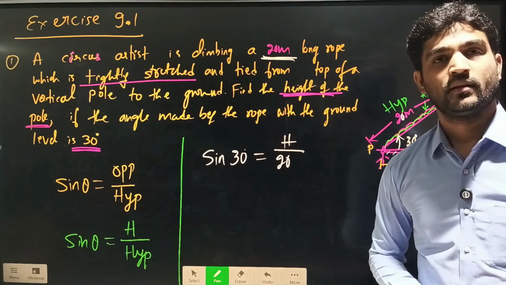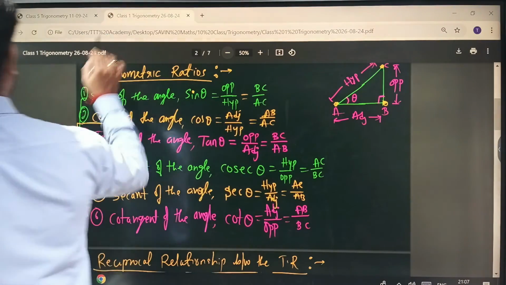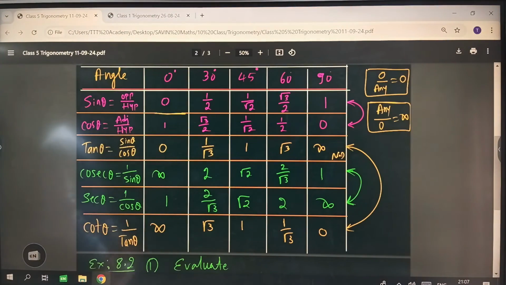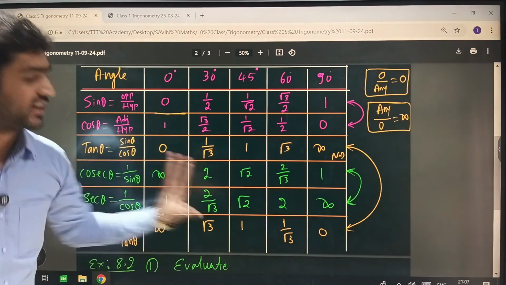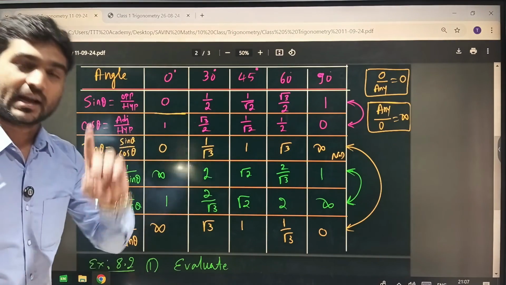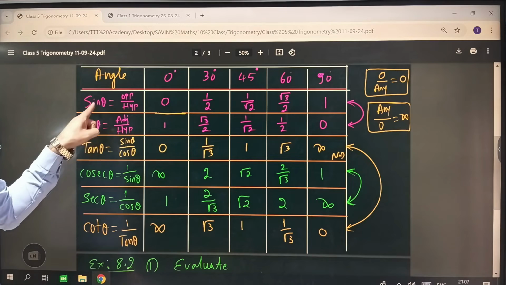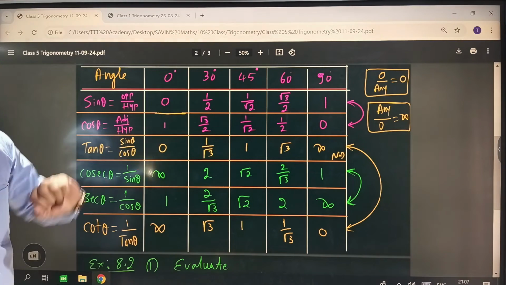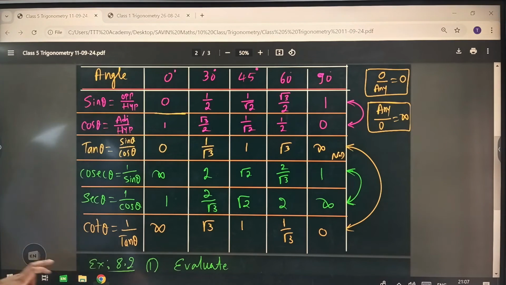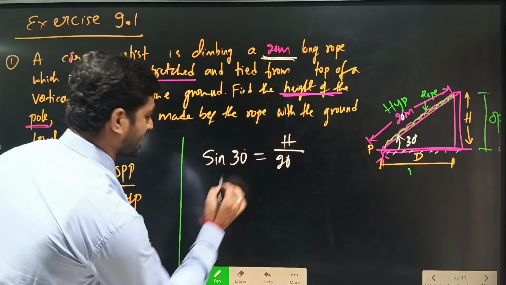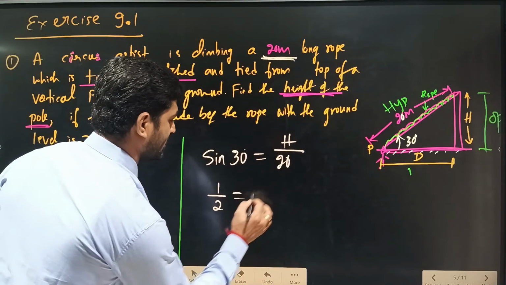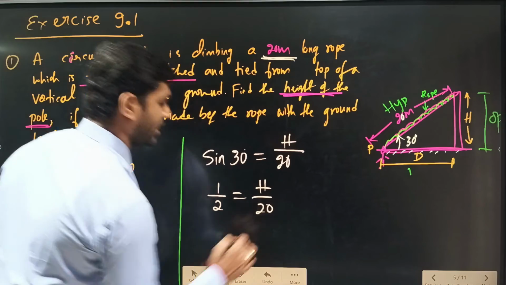Sir, what is sin theta? Sin 30 degree? From the standard table, I guess you studied in the previous chapter. According to this standard table, what is the value of sin 30 degrees? 1/2, half. So let me apply half here. Sin 30 degree means 1/2 is equal to h by 20.